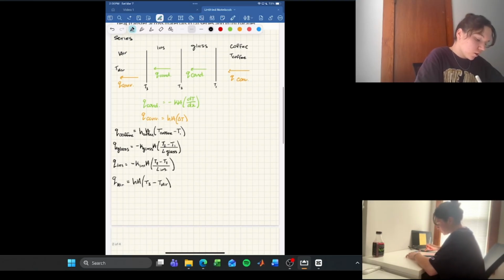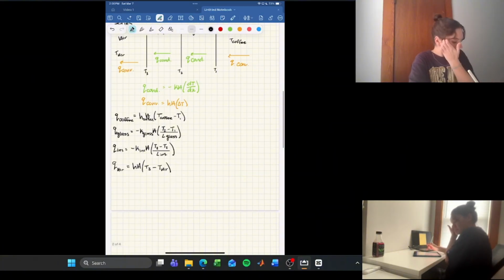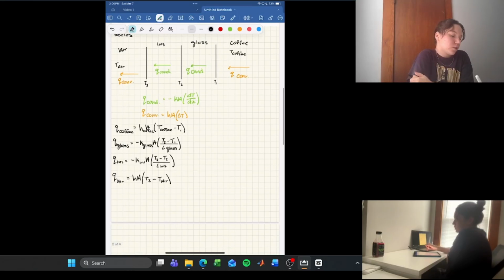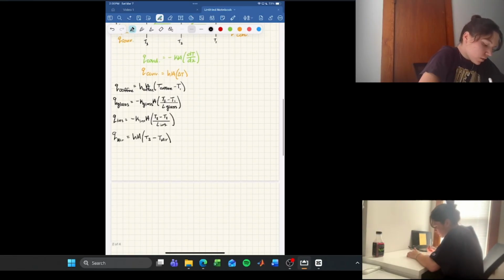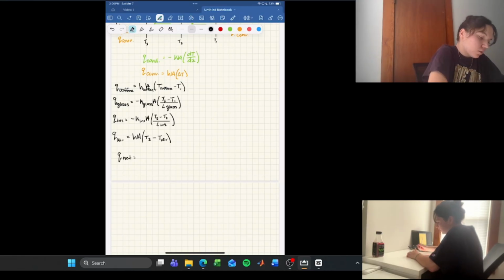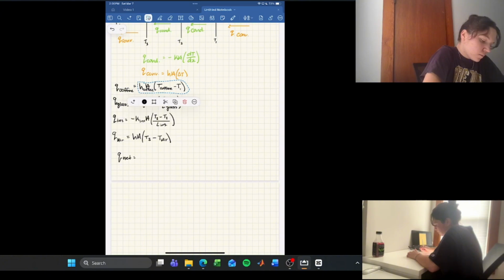And then remember also that the net heat flow is going to be equal to the heat flow of each of these individual sections. So that Q net is equal to all of these. So we can copy all this down.